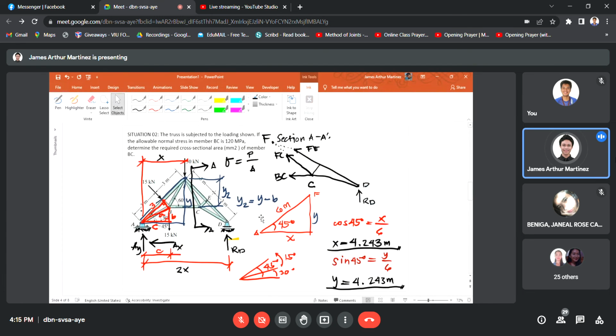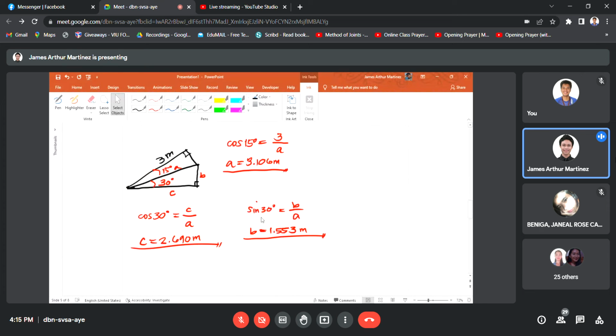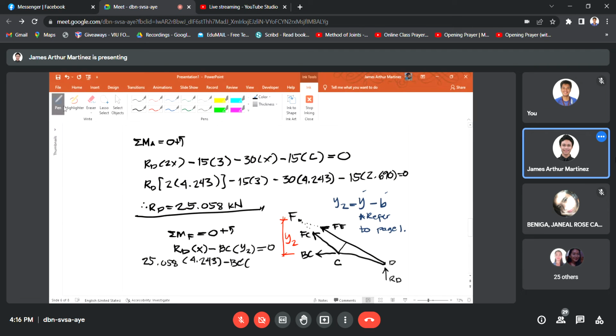Itong Y, 4.243 minus B. Pila ang B? 1.553, diba? So, Y2 is 2.69 meters. Equal to 0. Therefore, compute na nato ang internal reaction no, ang number BC.